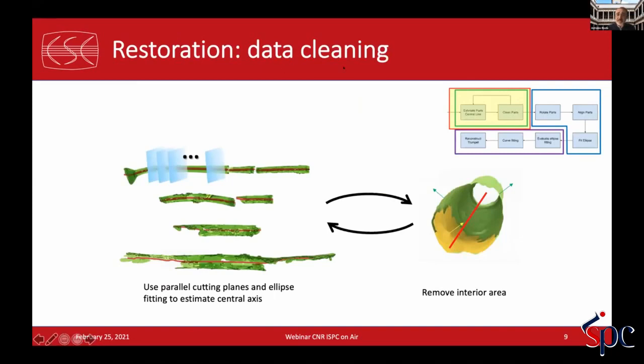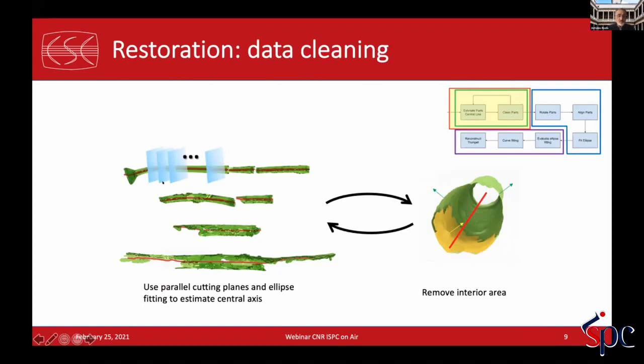The first step is data cleaning. Normally, when you scan an artifact such as a flute or a trumpet, the laser scanner returns a 3-dimensional model of the outer surface of it. In our case, damages cause the accidental scanning of some interior parts that must be removed.